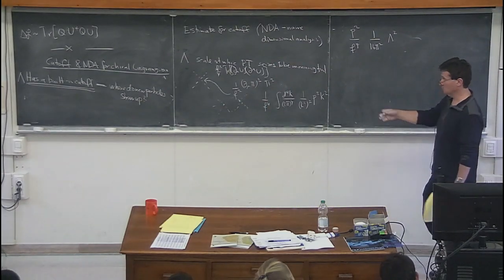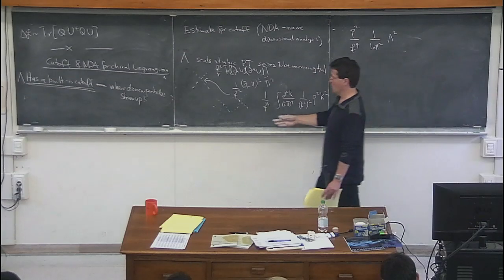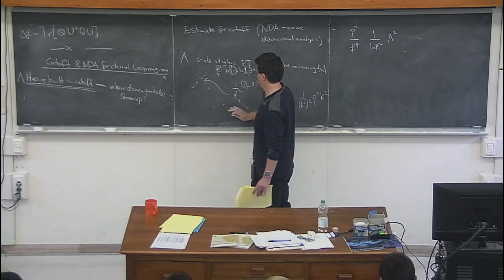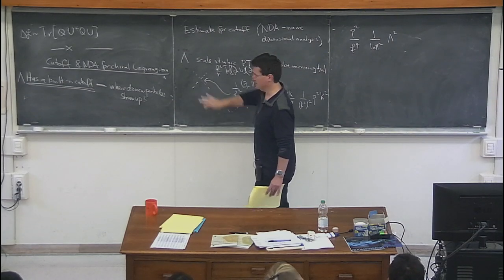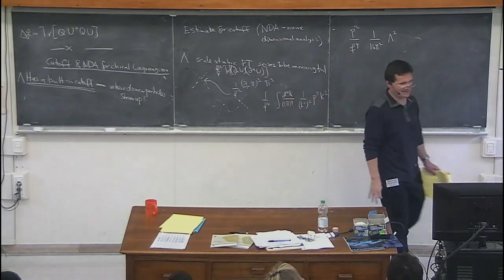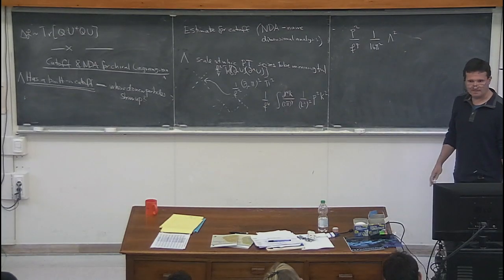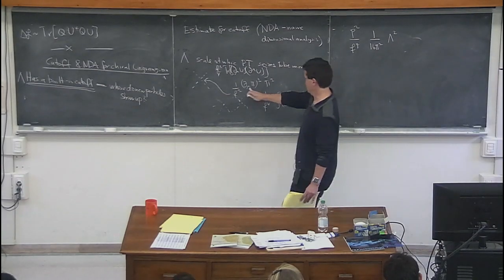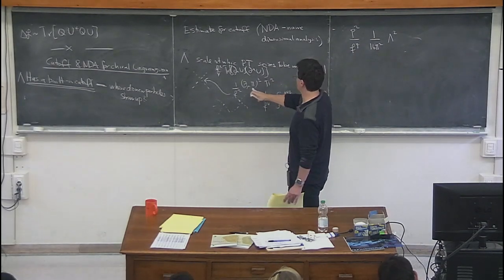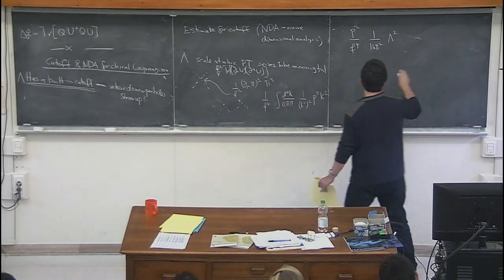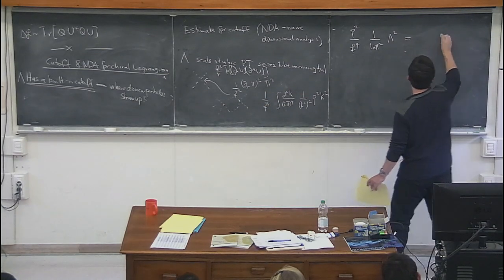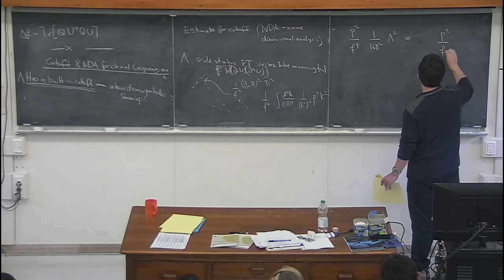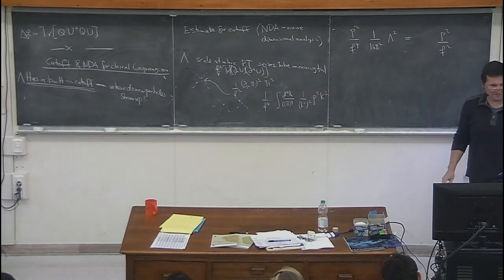Then what you're supposed to do is compare the magnitude of this operator to the one that is already present at the tree level from your chiral Lagrangian. That term, in terms of a Feynman rule, would be p squared over f squared. That should be the magnitude of it.